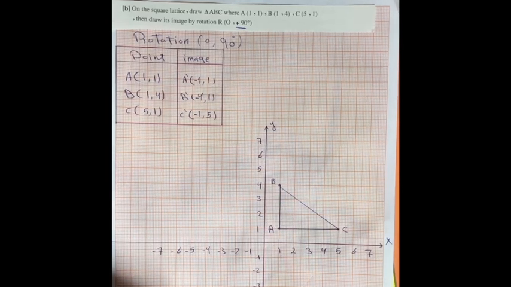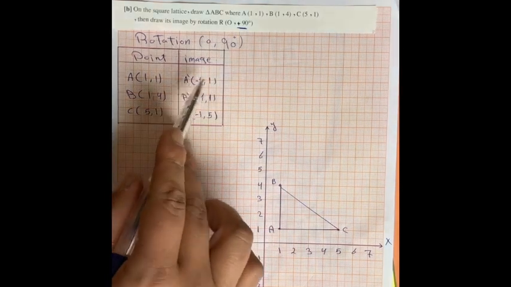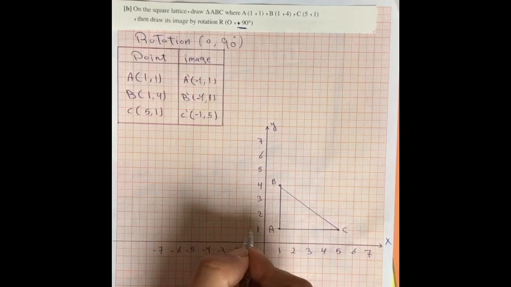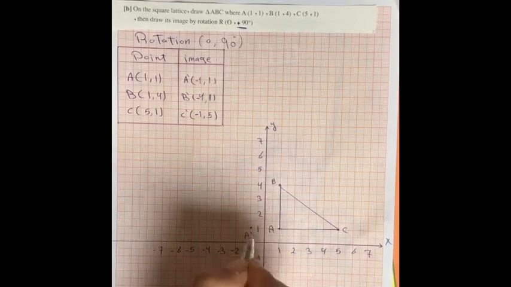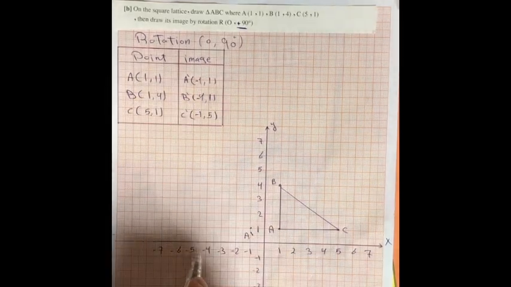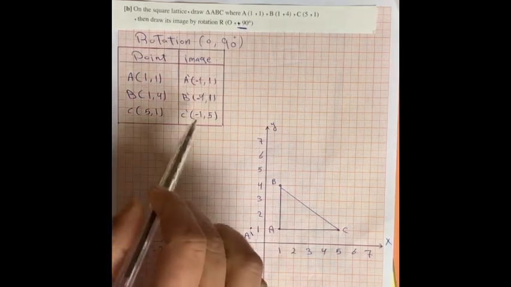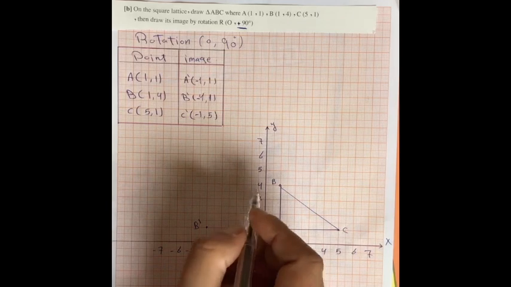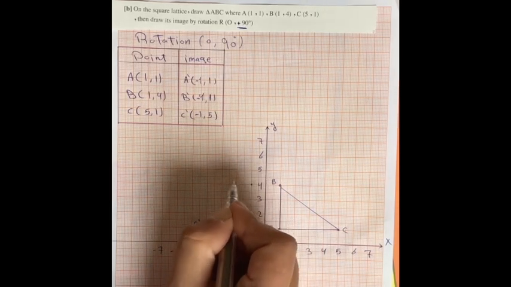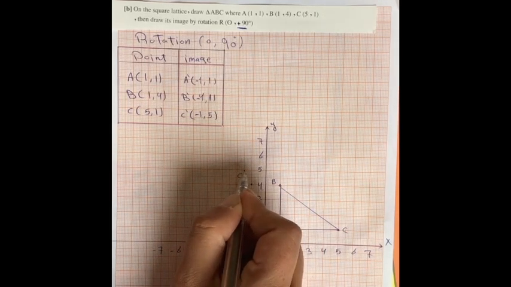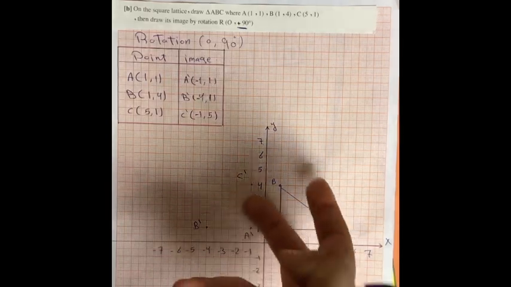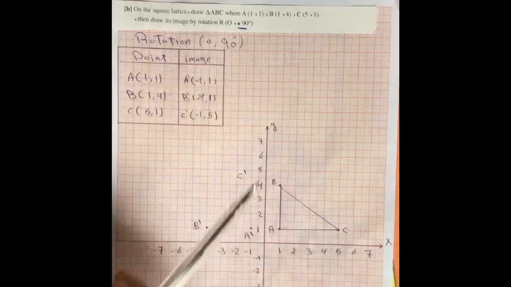After that we draw its image: A dashed (-1, 1), B dashed (-4, 1), and C dashed (-1, 5). So we have the image of the triangle by rotation 90 degrees.